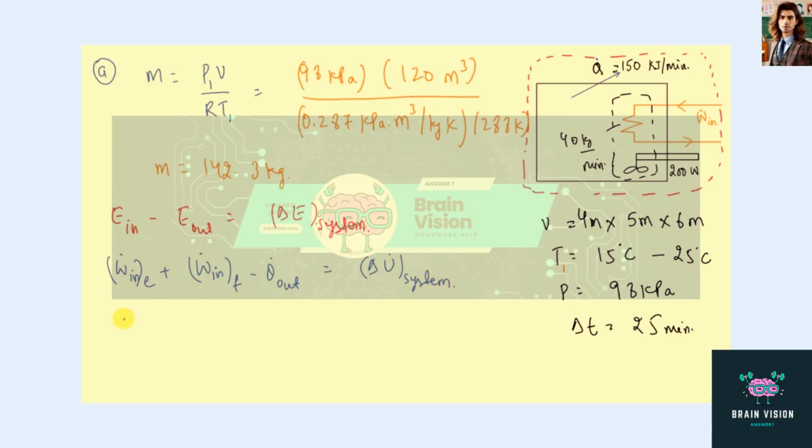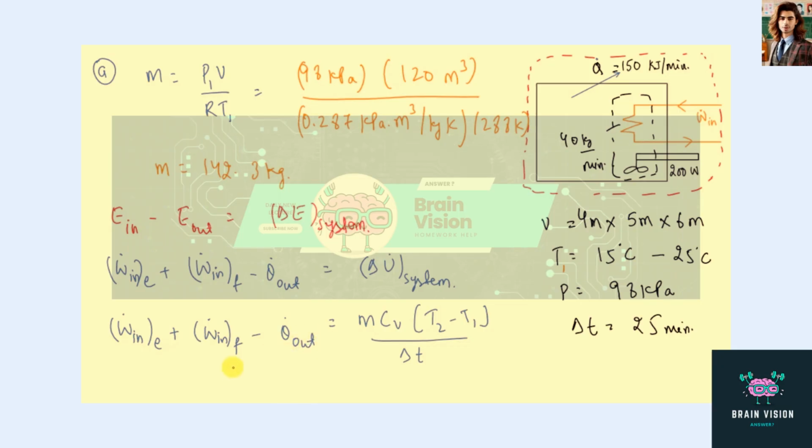So from here we can write delta U as m Cv (T2 minus T1) over delta T, and it would be equal to work input by electric heater plus work input by the fan minus heat out.